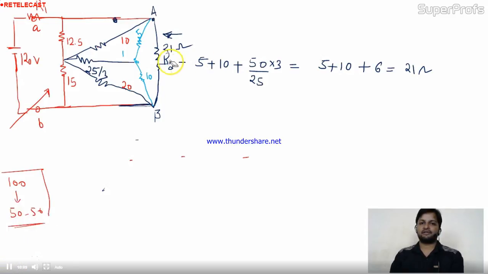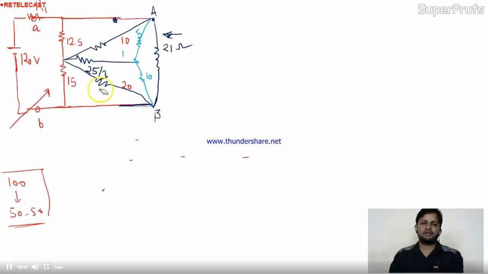Okay, then remove this. Fine. Come to this one now. This is going to connect with 25 by 3 plus 10 plus multiplication, 25 by 3 into 10, divided by the third branch, and that is 5.